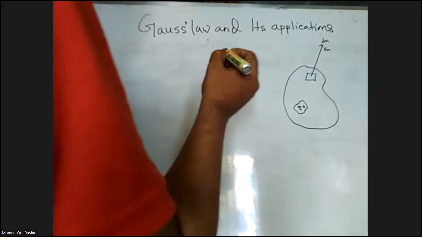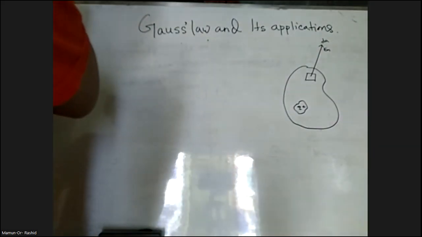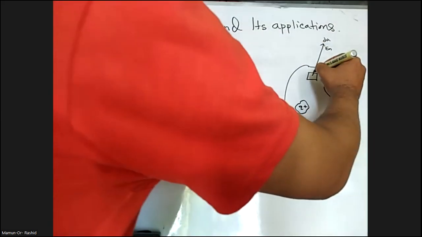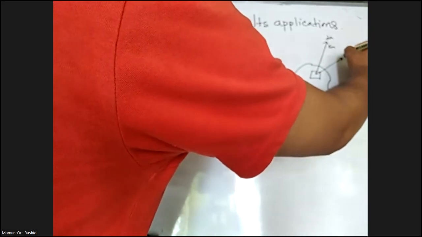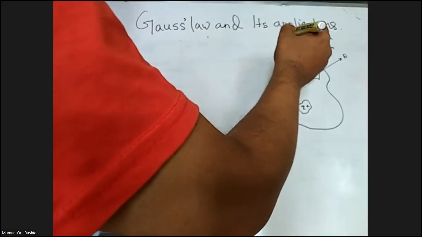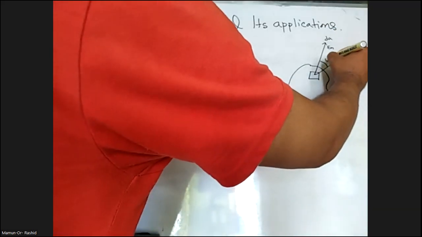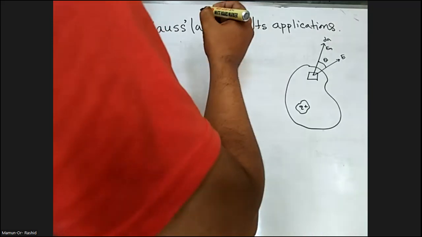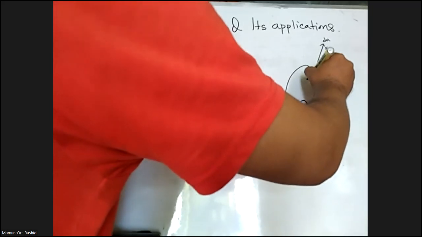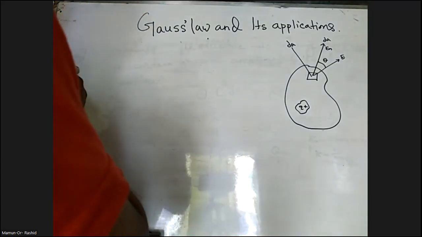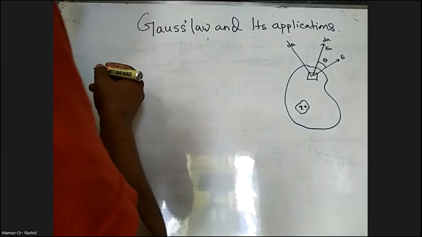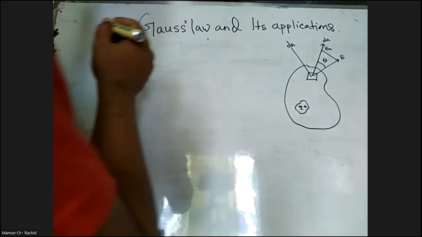This is the dA, small area, and another will be the total electric field, and this is around the angle theta. So this is the small area dA. We take the small area dA, and we can take this sum.